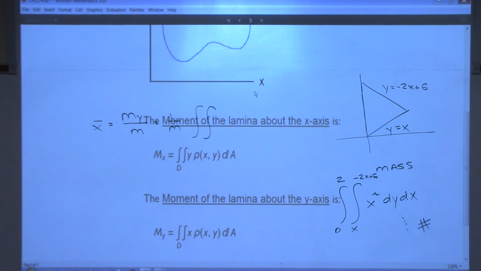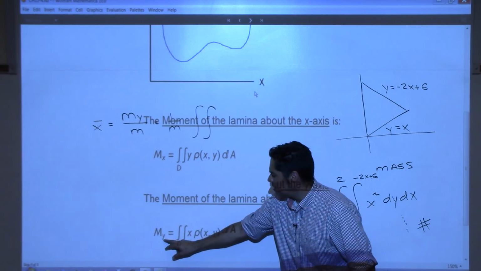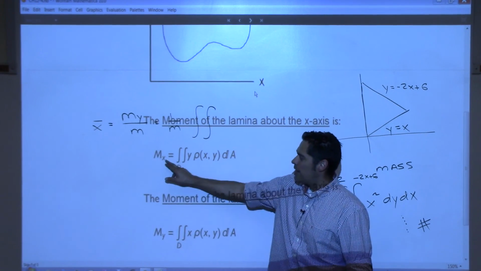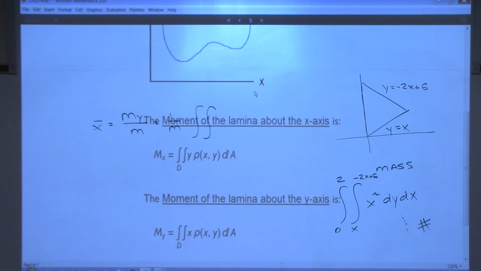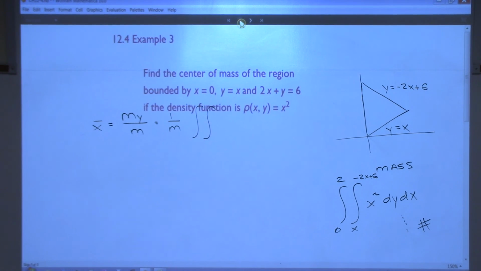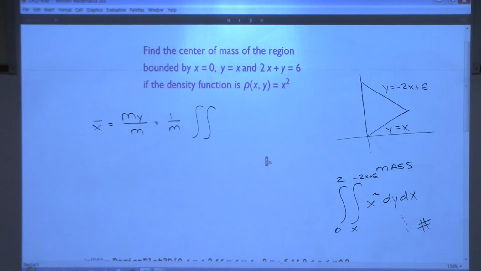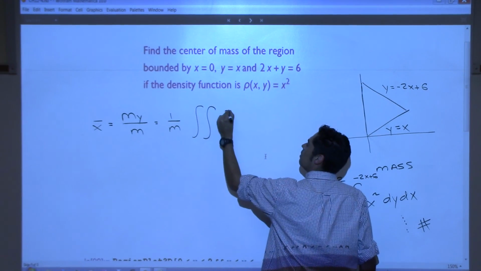So look, a moment about the y-axis, you use x in here. A moment about the x-axis, you use y. That was it. So it would be x times that, so x cubed.